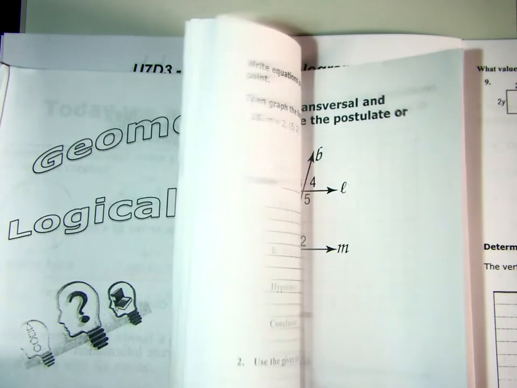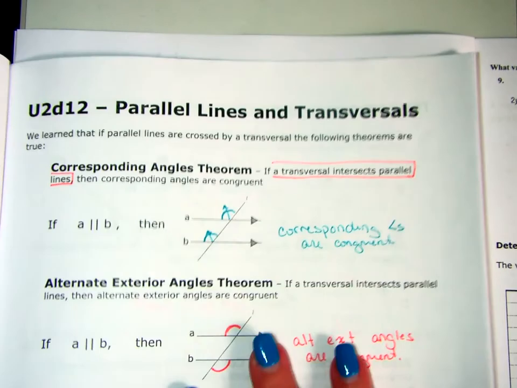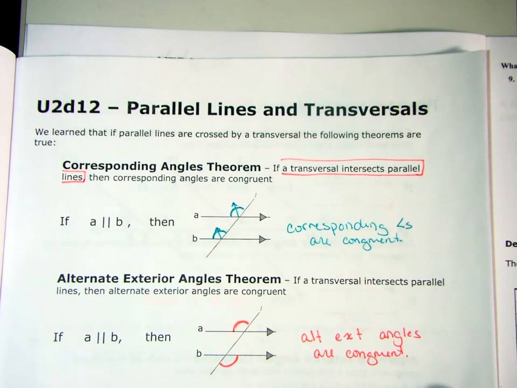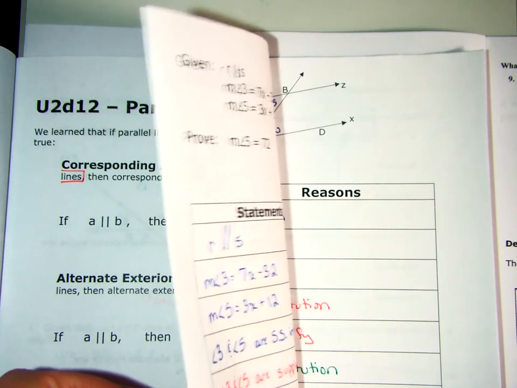Because if I go way back to Unit 2, Day 12, we learned that if parallel lines are crossed by a transversal, then the following theorems are true. And then we talked about the converses.